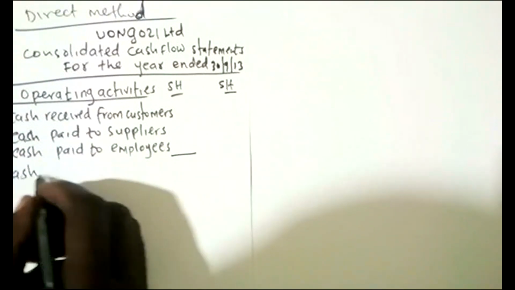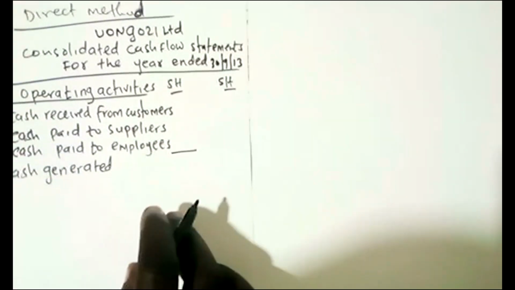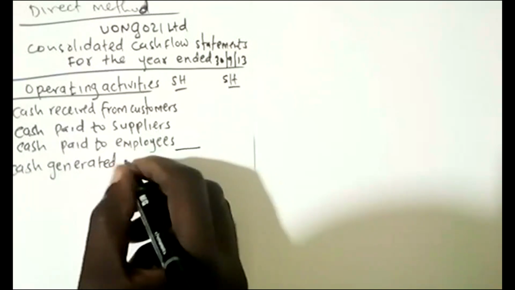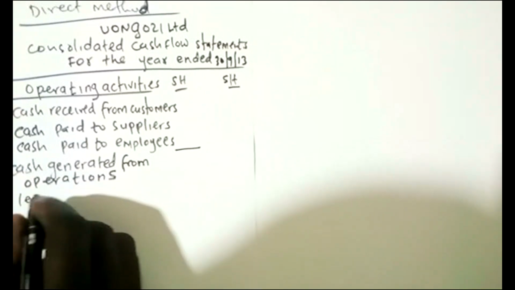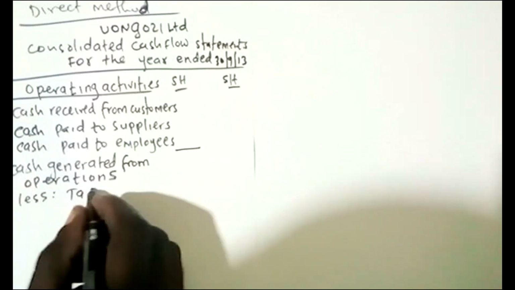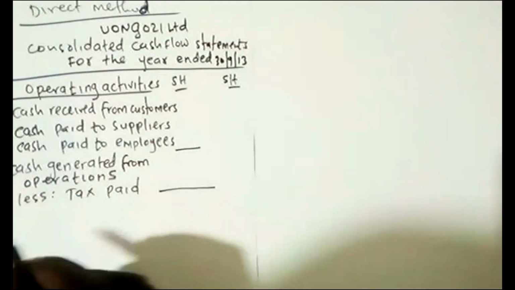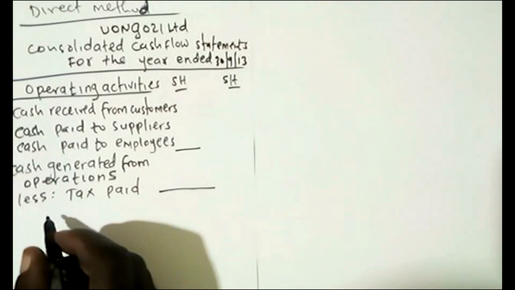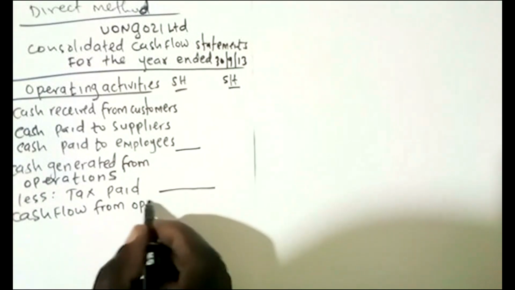So you get cash generated from operations. Then we less tax paid. After tax paid, we get the cash flow from operating activities.